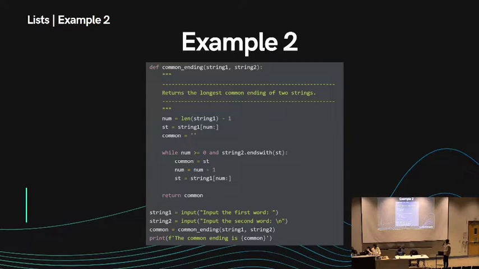So this is how this function works. It gets the first word that you're trying to search in as an input, and the second word that you want to find to see if it has the same ending. And then it basically loops through all of the letters in the first string and checks something.